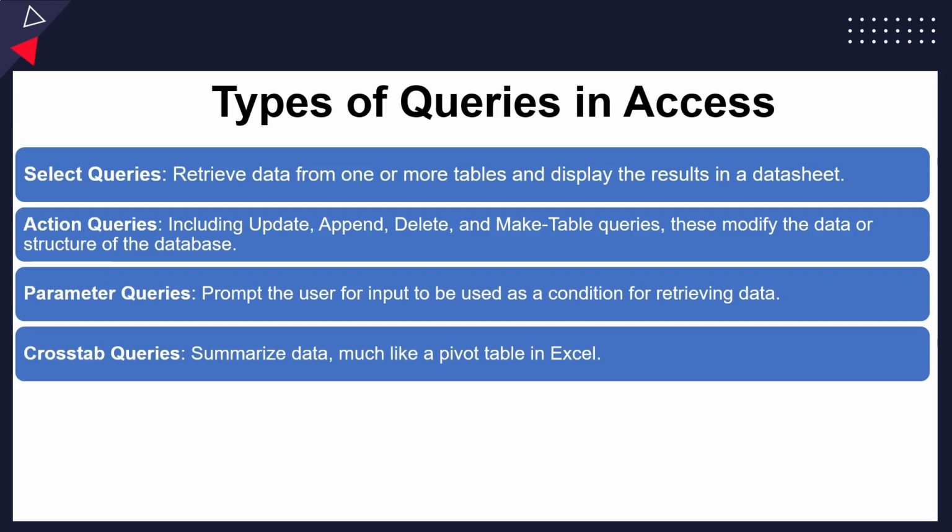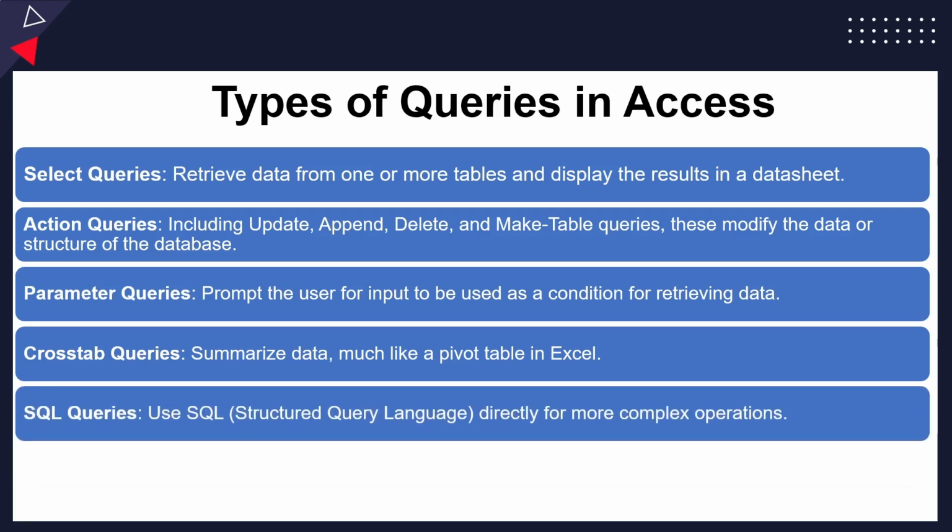We use them similarly to pivot tables in Microsoft Excel. The other type of query, which we may not discuss, is SQL, Structured Query Language. These may be complex, but they help to retrieve data from databases. Now, those are some of the types of queries that exist.